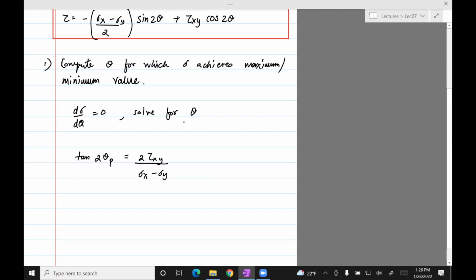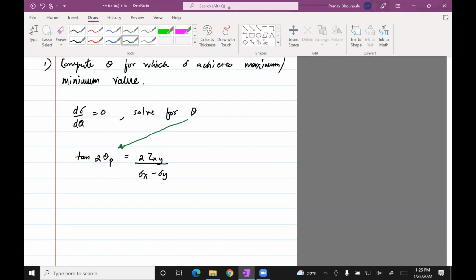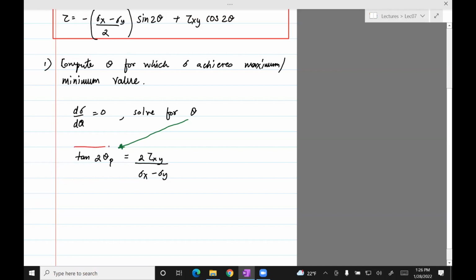The solution gives me this. I'm skipping that derivation, but there is a derivation on how to get this. You won't be asked for derivations in the exam.